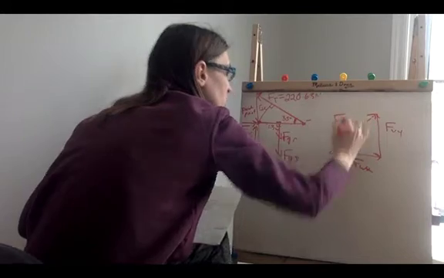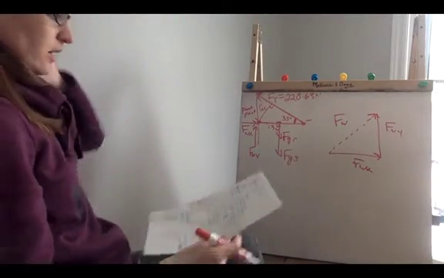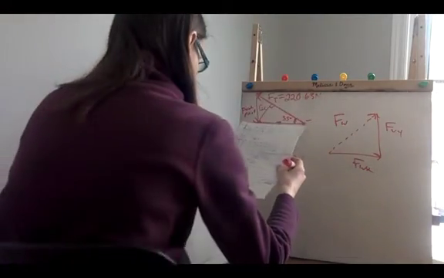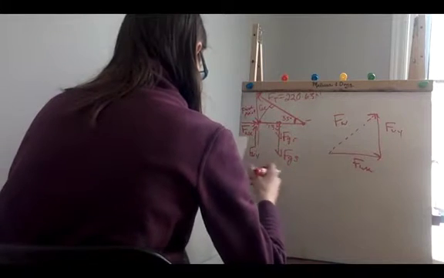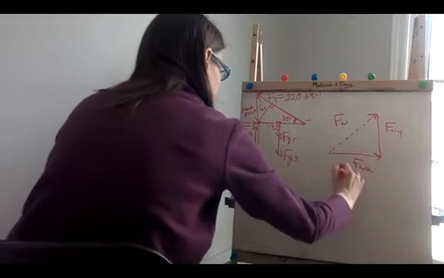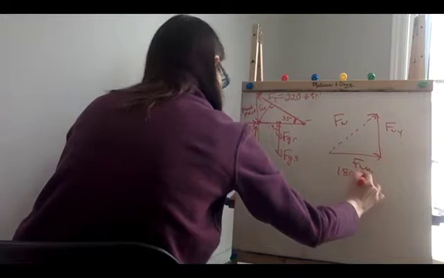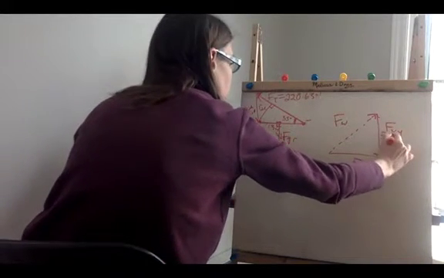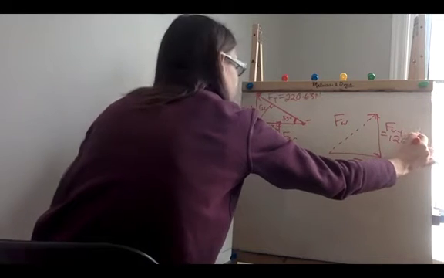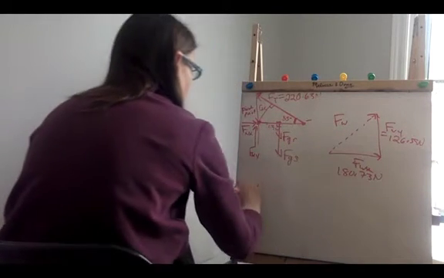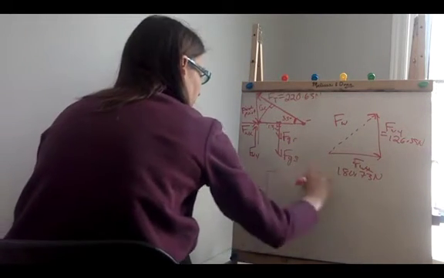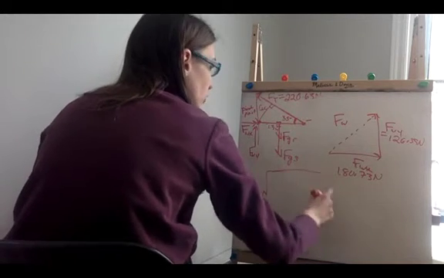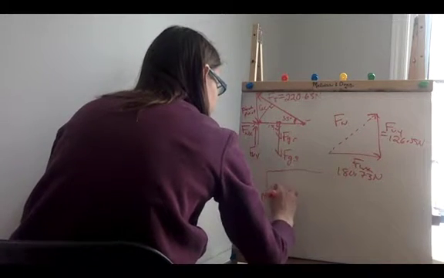This is the force that the wall exerts on the sign. This had a value of 180.73 newtons. This had a value of 126.55 newtons. So our force of the wall is found using the Pythagorean theorem: the square root of the sum of these things squared.